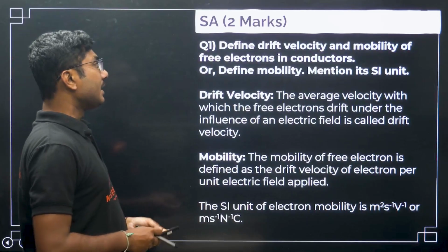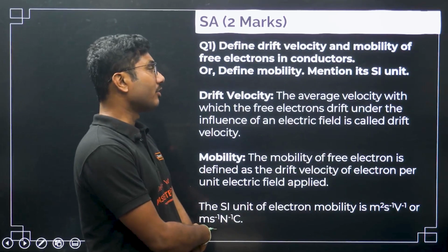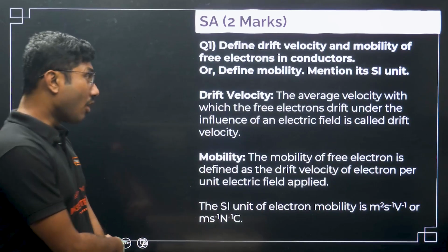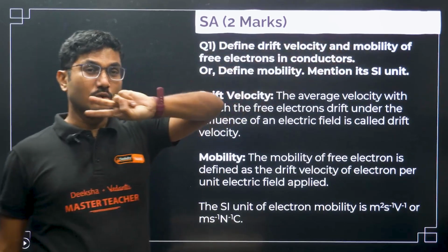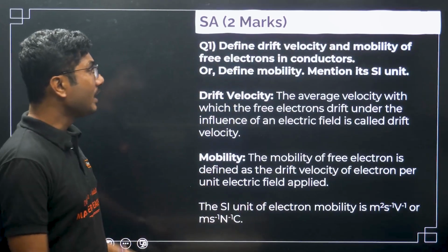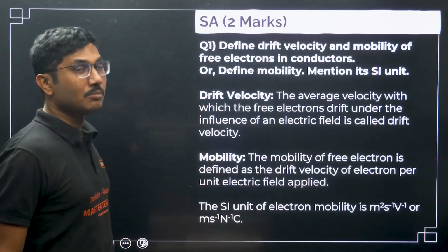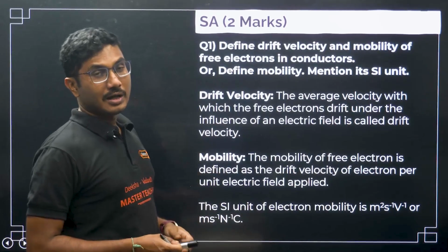First question: define drift velocity and mobility of free electrons in conductors. The question can be asked in 2 ways. Either they will directly ask define drift velocity and mobility, or they might ask define mobility and mention its unit. Both are common and very often asked.